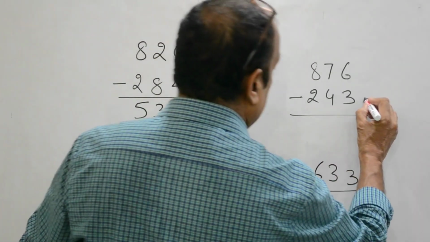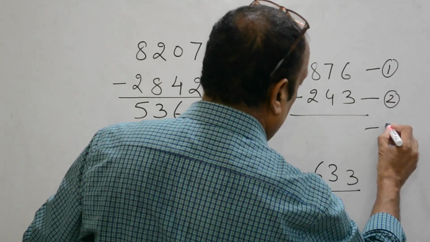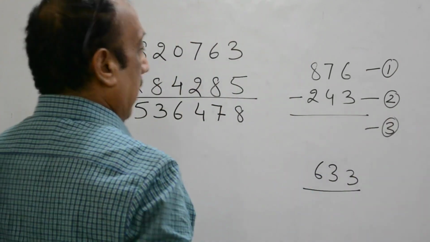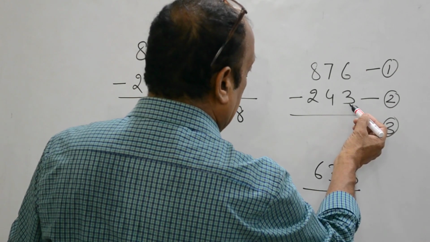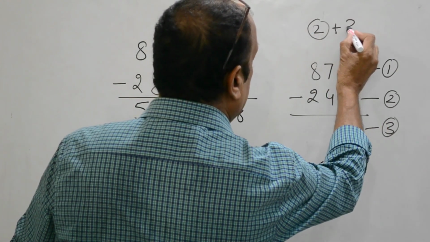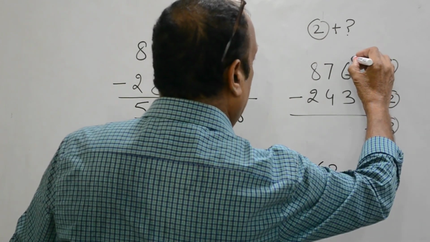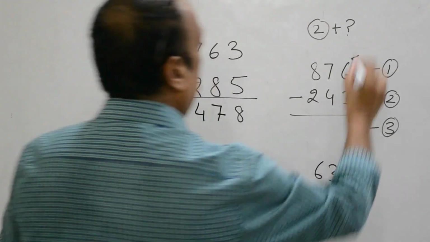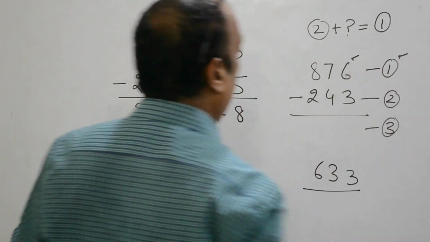Now in the second method we can solve it in this way. In line number 3, add something to line number 2 so that our answer becomes line number 1.